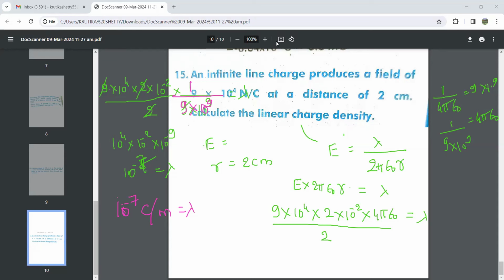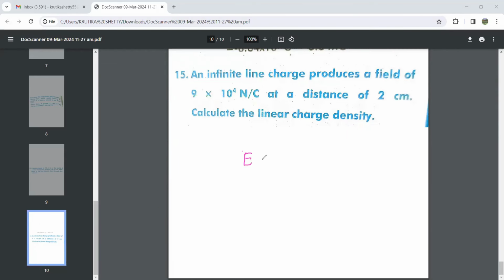Ma'am, the formula is equal to lambda by 2 pi epsilon naught r. Yes, Gauss law application. Yesterday we derived it. Then how was it taken as 4 pi epsilon naught? That is what I told. The formula is, E is equal to lambda divided by 2 pi epsilon naught into r.